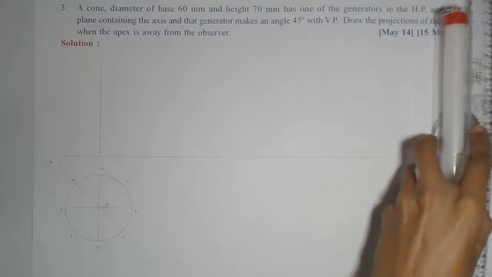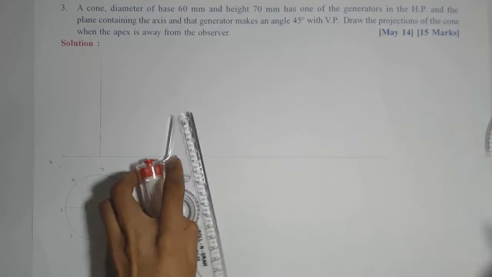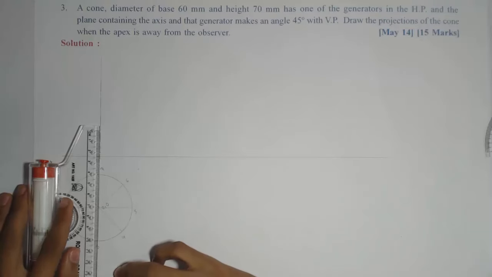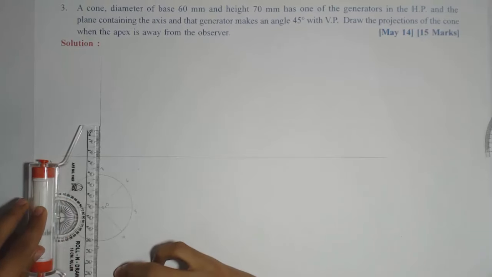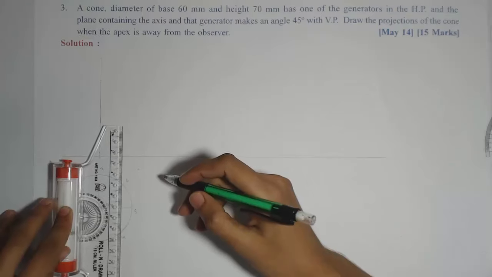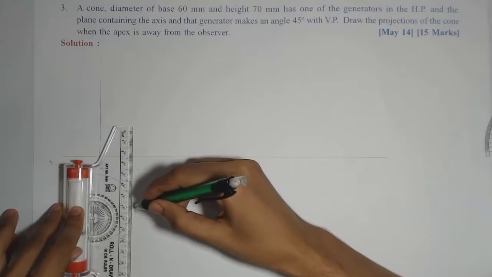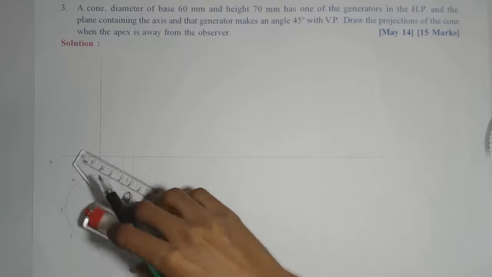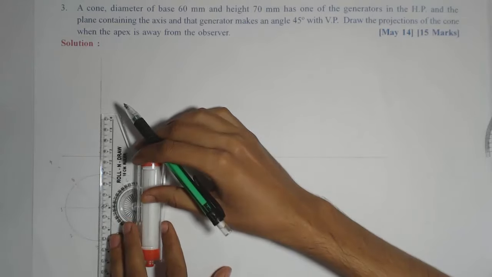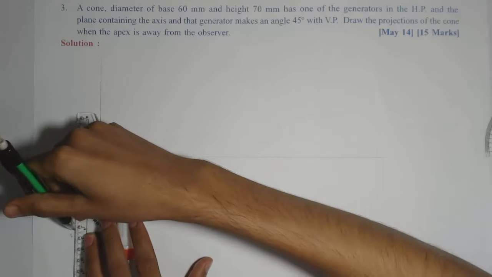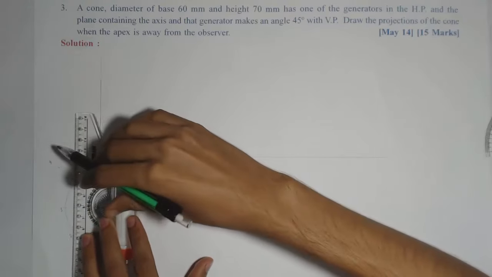Now we'll project from the other points on the circumference up to the XY line to mark the imaginary generators in the front view. So here 4 and 6 will coincide, 5, then on the opposite side 2 and 8 will coincide, and finally 1.